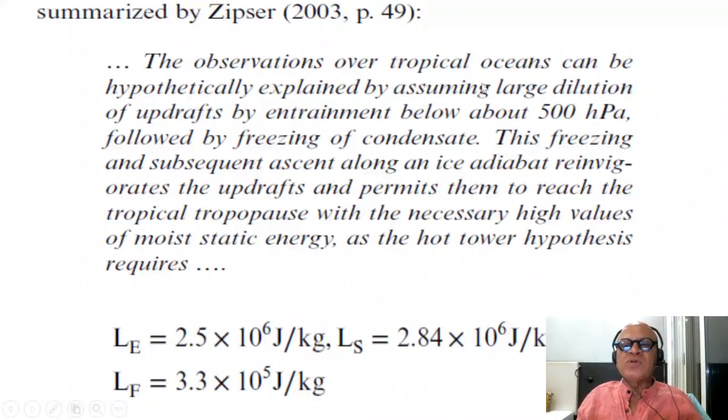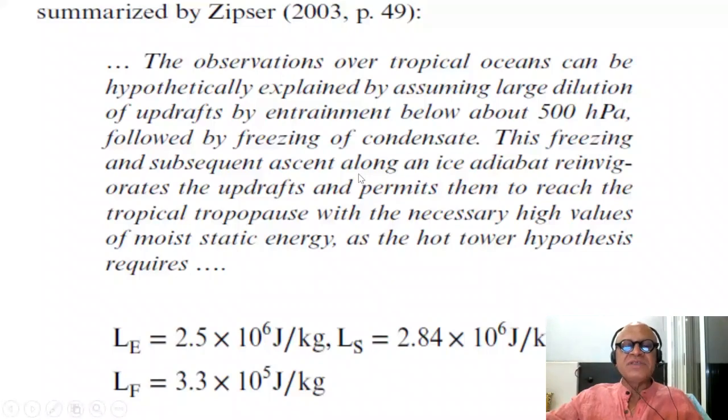The observations over tropical oceans can be hypothetically explained by assuming large dilution of updrafts by entrainment below the 500 hectopascal, that's the mid-troposphere, followed by freezing of condensate. So he says you don't need undilute plumes, because anyway they are not observed, but if you reach the mid-troposphere, then you are getting cold enough that you can release the latent heat of freezing.